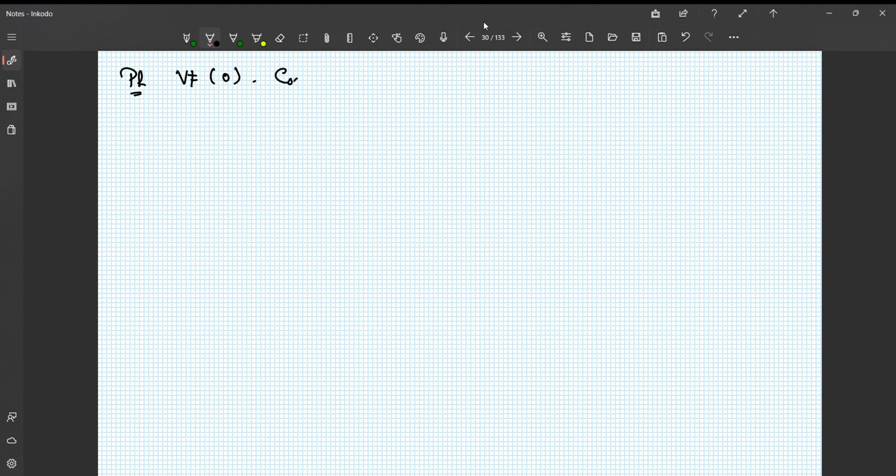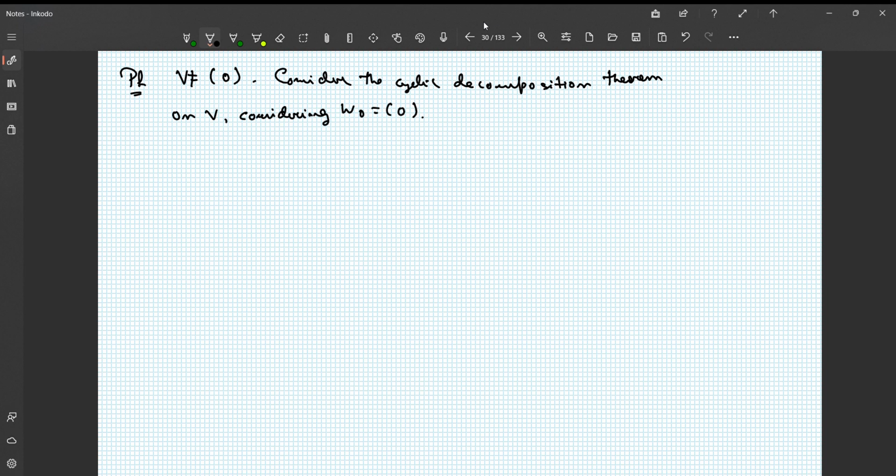Okay. So consider the cyclic decomposition theorem on V, considering W naught to be the zero subspace.